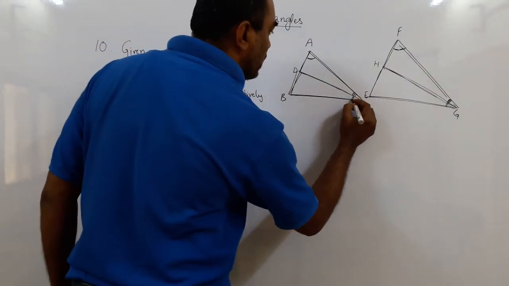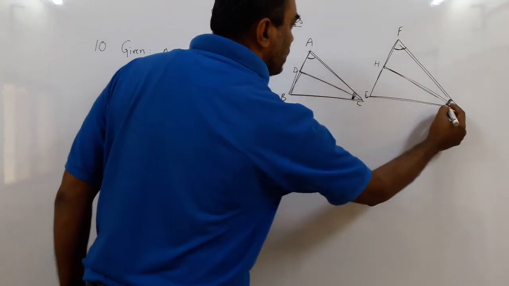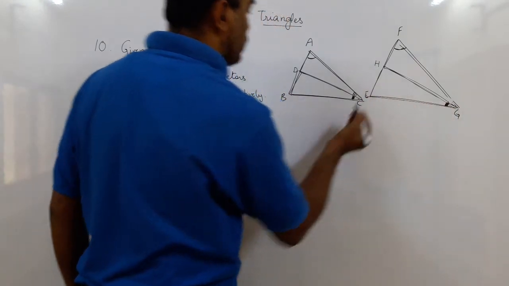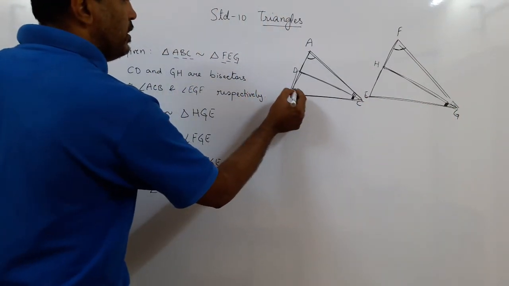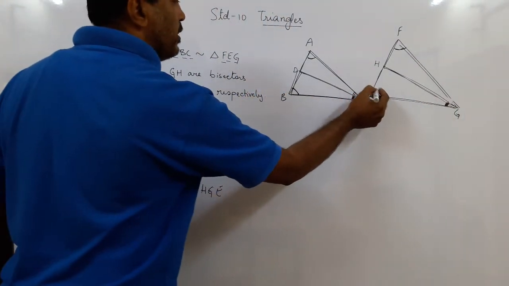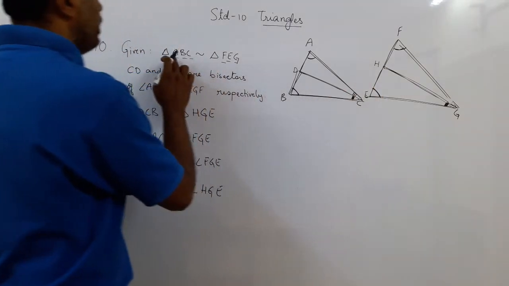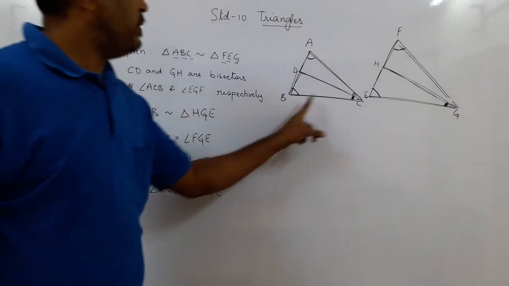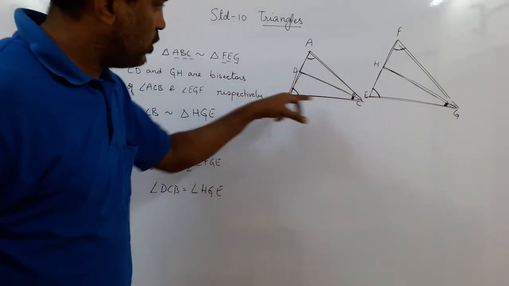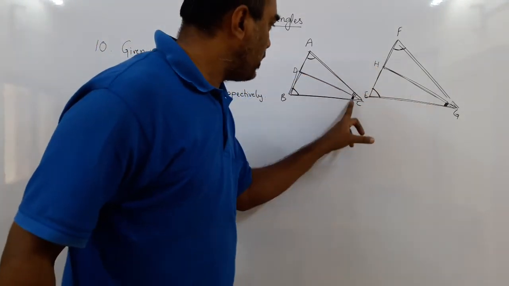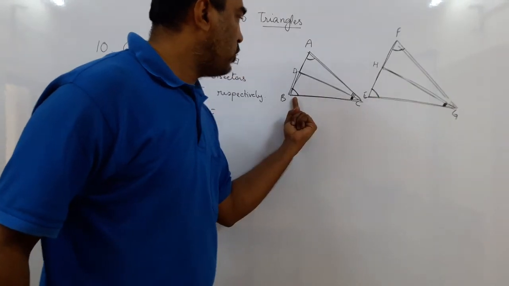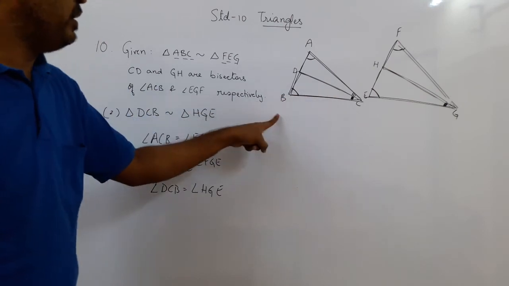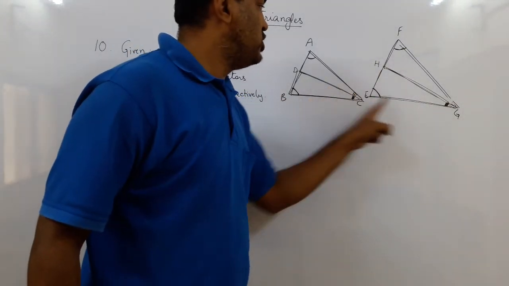Now angle B equal to angle E, because ABC is similar to FEG. So in the lower triangles, these two angles are equal and these two angles are equal. Again by AA criteria, triangle DCB is similar to triangle HGE.